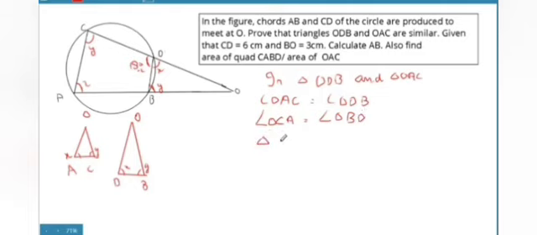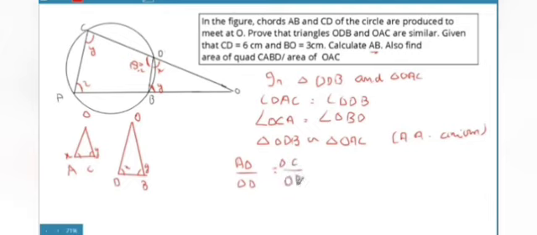So triangle ODB is similar to triangle OAC by the angle axiom. Now if they are similar, we need to find out AB. So what we can do from here, we can write AO upon OD is equal to OC upon OB.